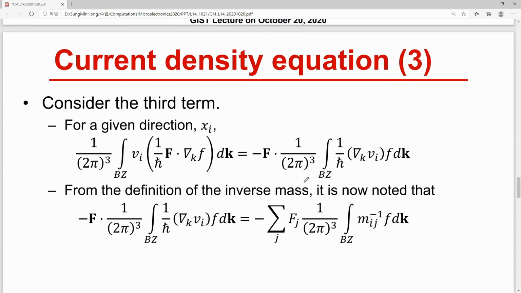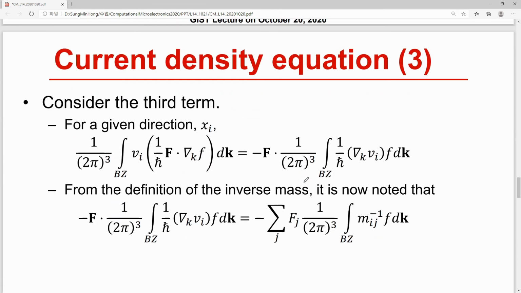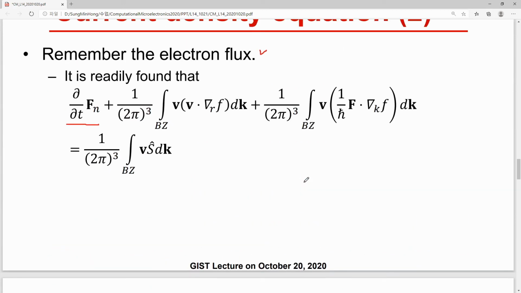And now first consider the third term. The third term is related with force, and let's do it. In this case, how can you calculate this term? Previously, if we didn't have this v, then what we had done was just to pull this first term out of the integration.